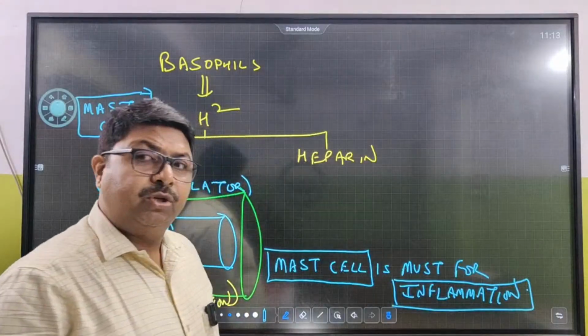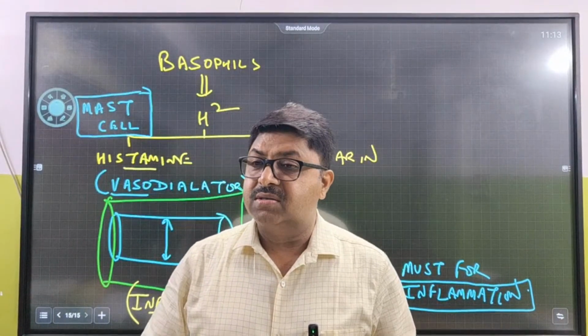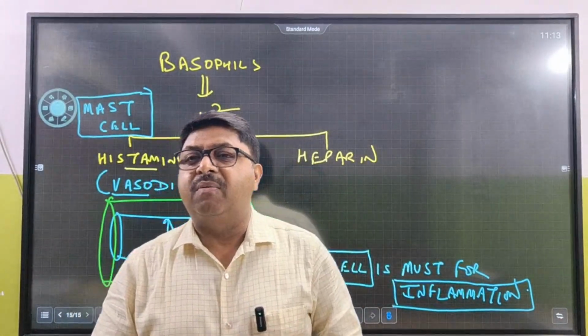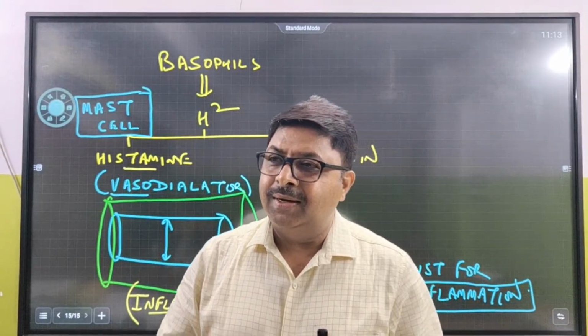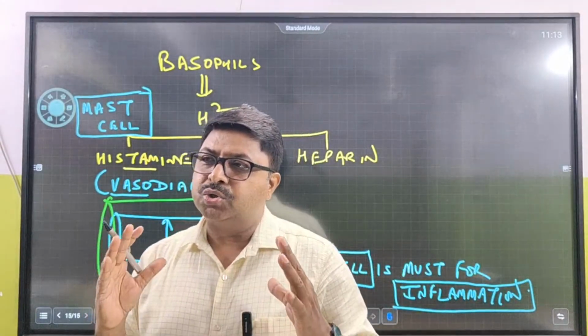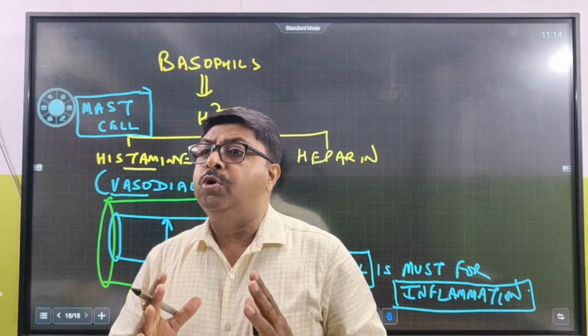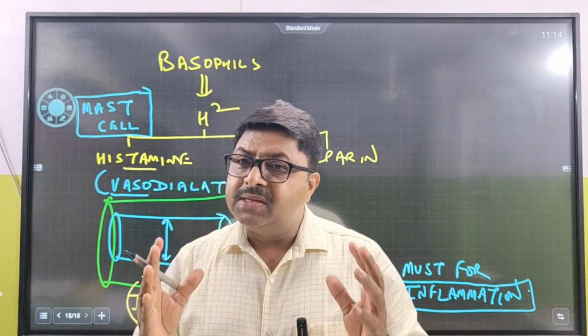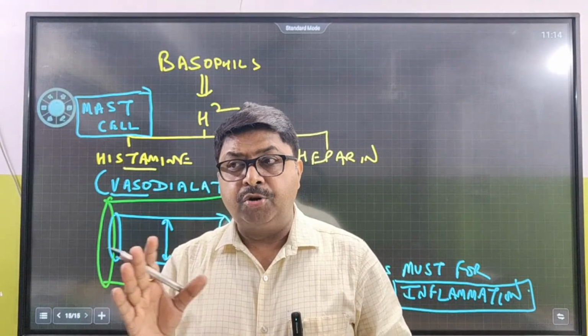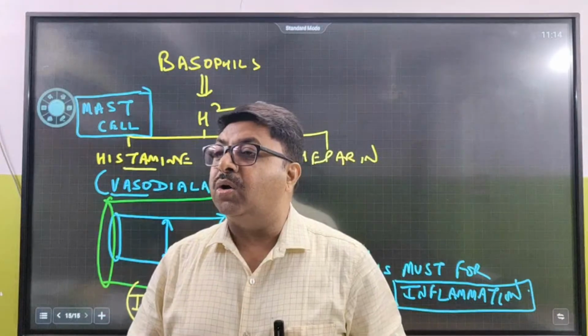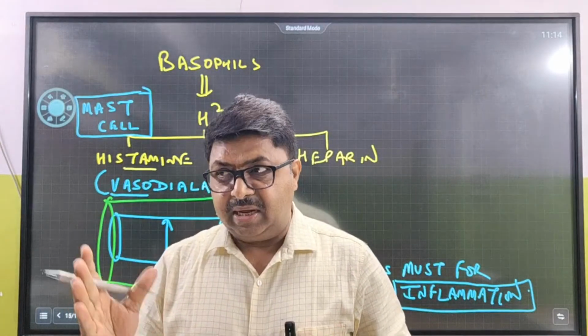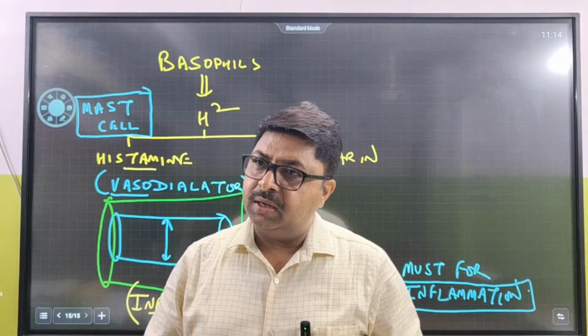Is inflammation always good? Not always, because majority of us are suffering from inflammatory diseases like osteoarthritis and rheumatoid arthritis. Rheumatoid arthritis is an example of an autoimmune disease that you have studied in class 12. What is autoimmunity?